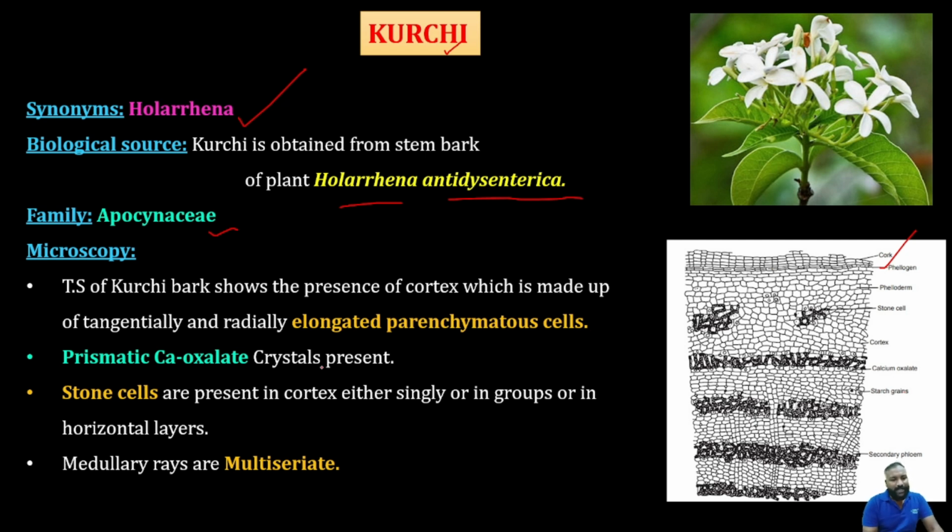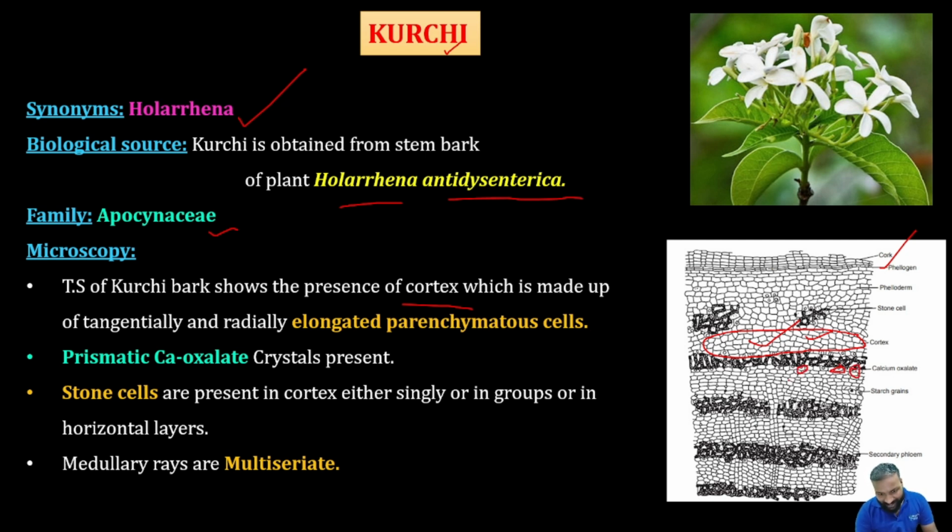In the TS of Kuchi bark, we see the presence of the cortex, which is made up of tangentially and radially elongated parenchyma cells. The prismatic calcium oxalate crystals are there.